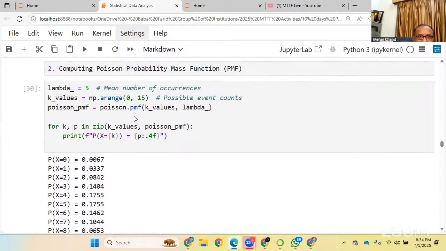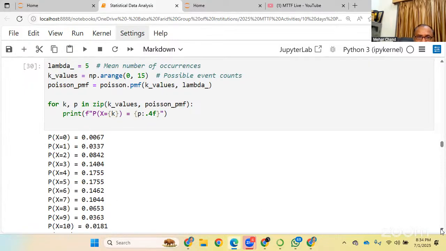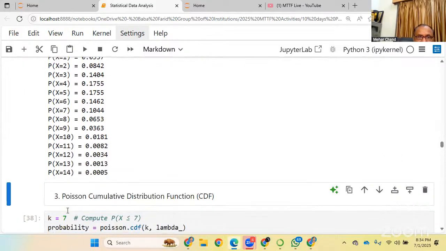Here the value of lambda is fixed, and x is starting from 0, 1, 2, 3, 4. The range we have is 0 to 15. You can check it. Corresponding to each, the probability when we have 0 is 0.0067, then 0.0337, and so on, up to the last one, which is x equal to 14.